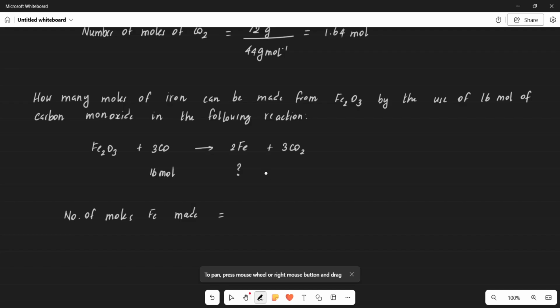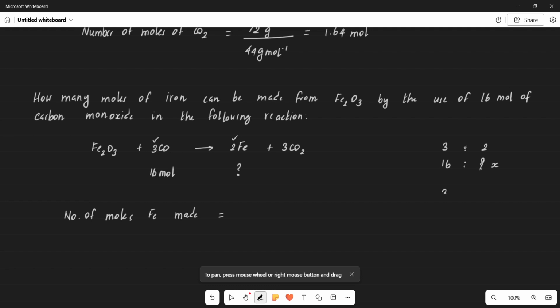How will I get it? I can take the ratio. What is the ratio? 3:2. What I have is 16, and I need to find this, so let it be x.